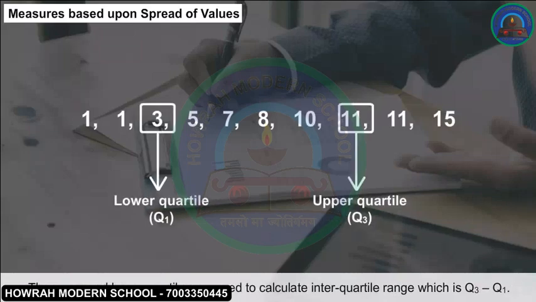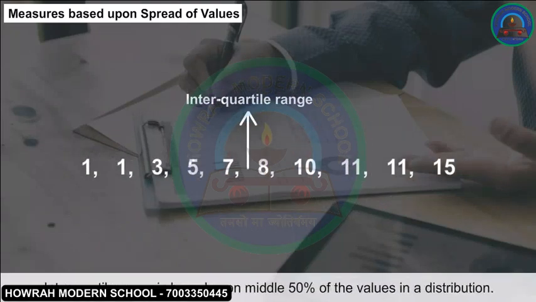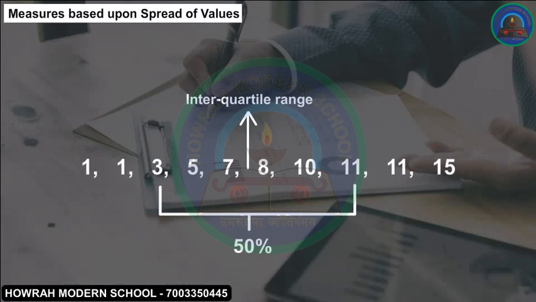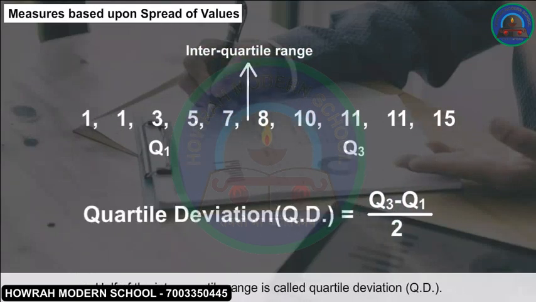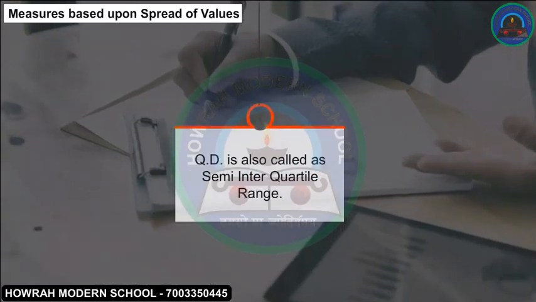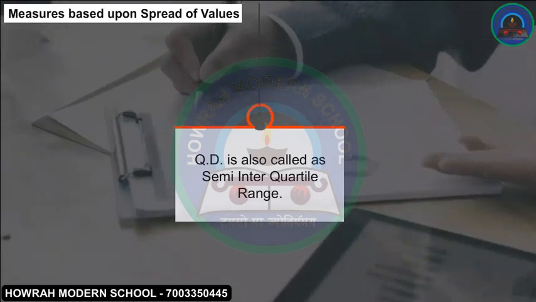The upper and lower quartiles are used to calculate interquartile range, which is Q3 minus Q1. Interquartile range is based upon the middle 50% of the values in a distribution. Half of the interquartile range is called quartile deviation, QD. Thus, QD is also called the semi-interquartile range.